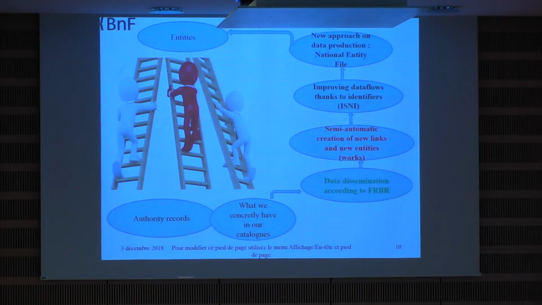The second step is to use tools for aligning data we have in data.bnf.fr to create new links and new entities, first in data.bnf.fr, and then to reinject them in our catalogs.